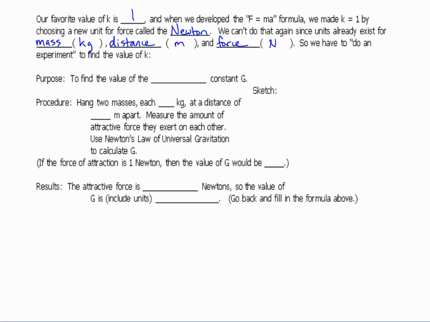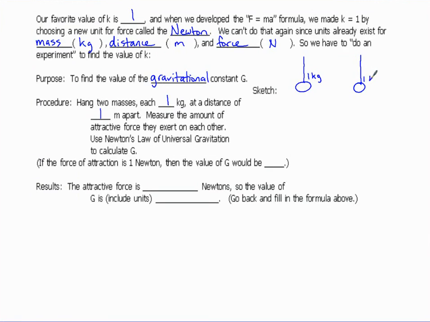So the purpose of this experiment is to find the value of the gravitational constant G, capital G. The procedure: hang two masses, each 1 kilogram, at a distance of 1 meter apart. So here's a sketch. Here we have a 1 kilogram object.